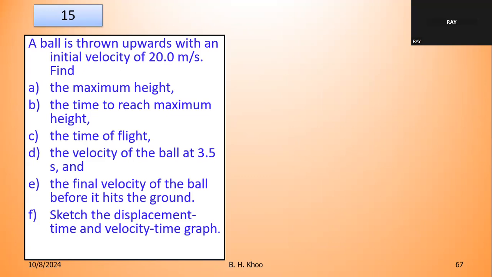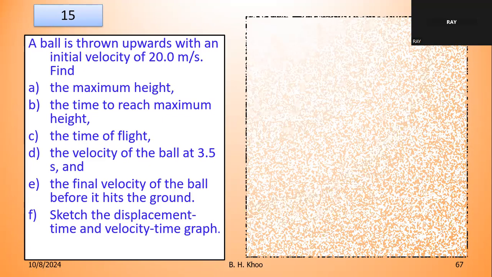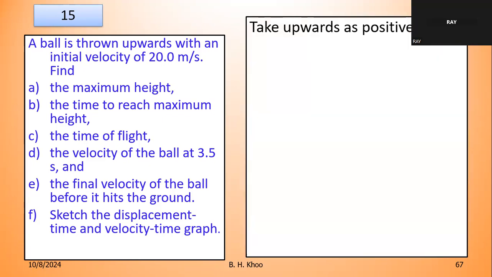This one, the acceleration is g, right? Remember, it's a vector equation. So the first thing is to take upwards as positive.